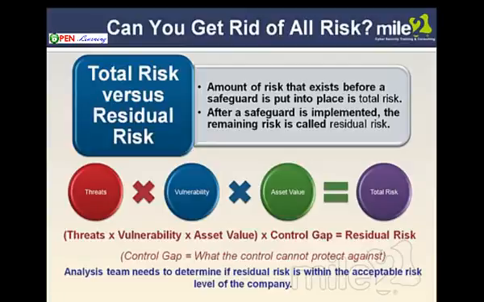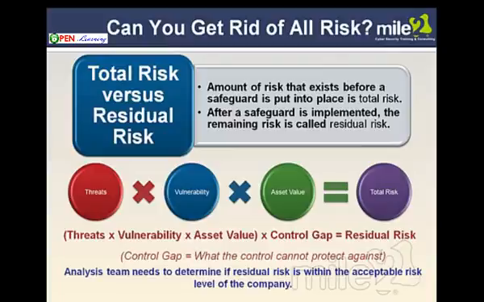Total risk versus residual risk. The point of this slide is to let you realize that you're always going to have something you can't protect against. The amount of risk that exists before a safeguard is put in place is the total risk. After the safeguard is implemented, the remaining risk is residual risk. So it's not a true math formula, it's a concept.